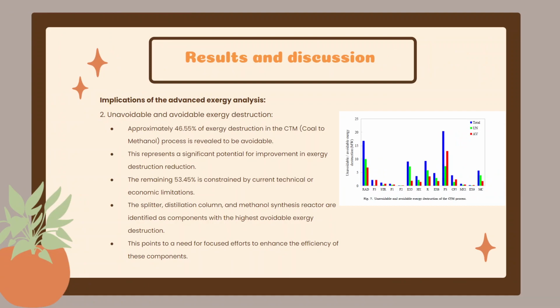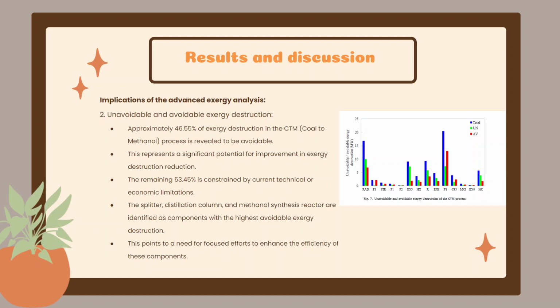Here, this result reveals that approximately 49.55% of the exergy destruction in the CTM process is unavoidable, representing the potential for improvement in exergy destruction reduction.